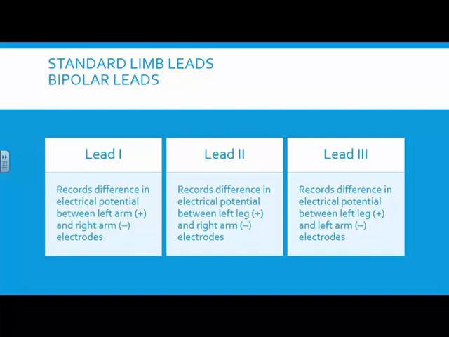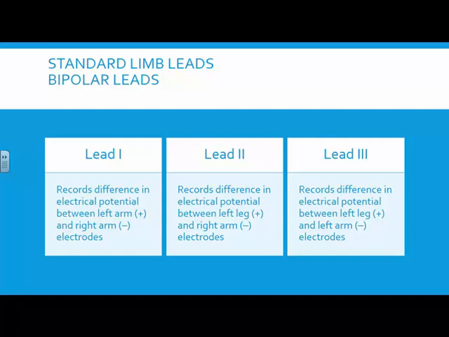Another way to think of your positive lead, think of it as a camera. I'm always going to take a picture of the current with a positive, okay? The positive is the camera. So one of the ways that I remember is that if I'm running towards the camera, I'm going to get bigger in the lens of the camera.